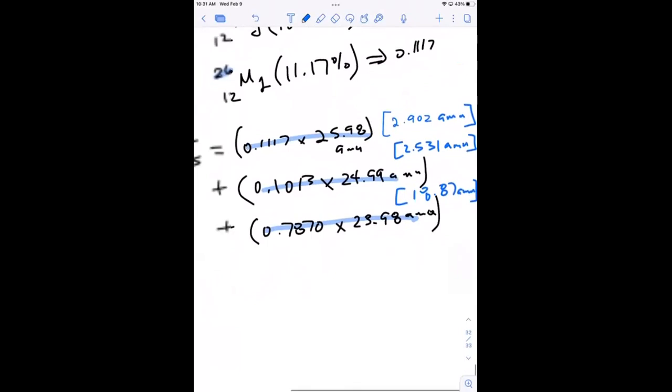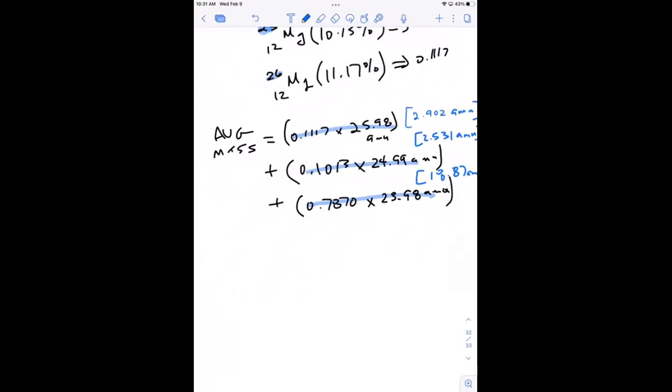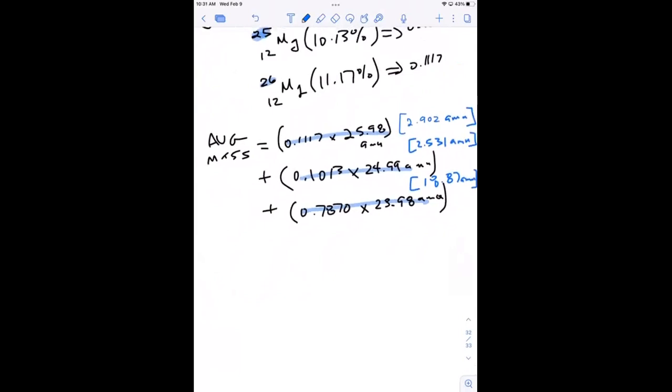All right, so when we add those three together, what do we get for the average mass? Because that's what it is, the sum of those three numbers. I got 24.305.